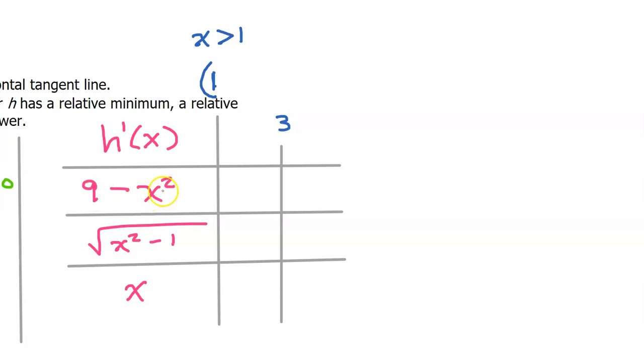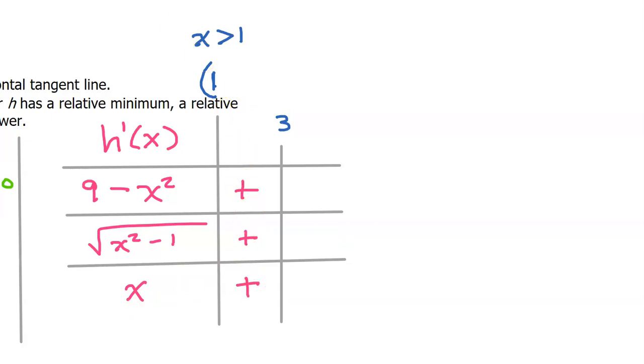That would be 9 minus 4, a positive number. If I put a 2 on this factor, 2 squared would be 4, minus 1 would be 3. It's a positive value. And of course, if x itself was 2, that's a positive value.